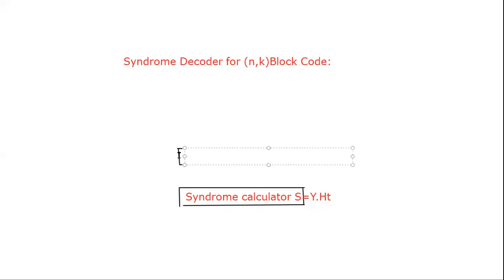So how many bits are there in the received code word for an n comma k block code?